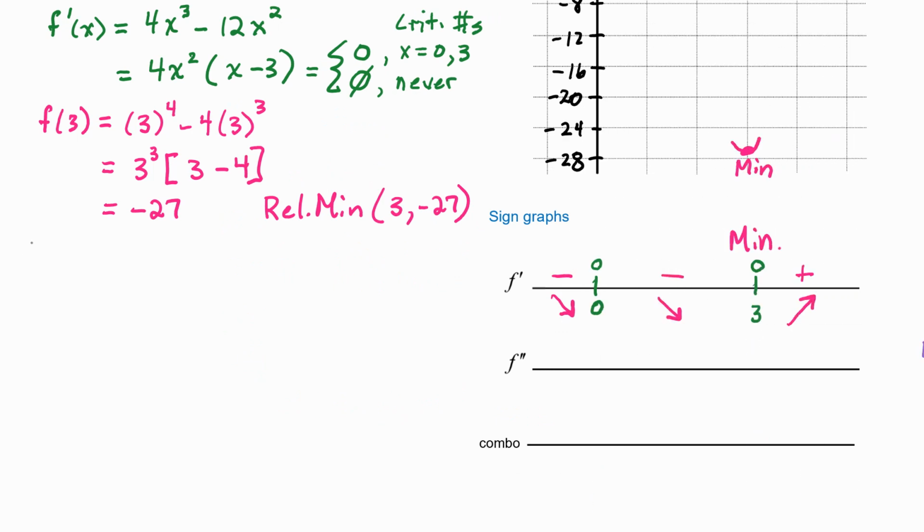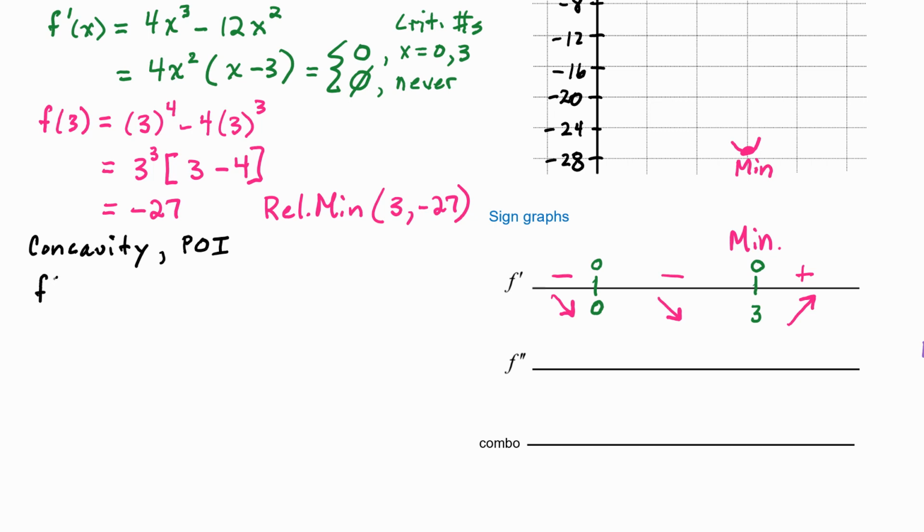Next up, we will look at the concavity, which means the places where the graph is going to be concave up or concave down, and determine if there are going to be any points of inflection. And for that, we need the second derivative.